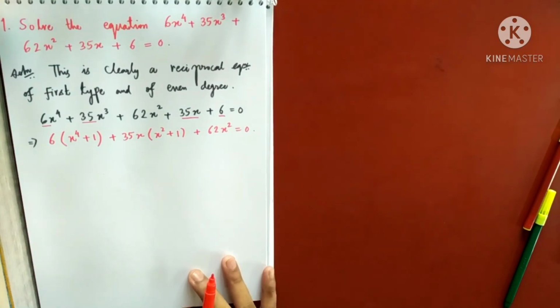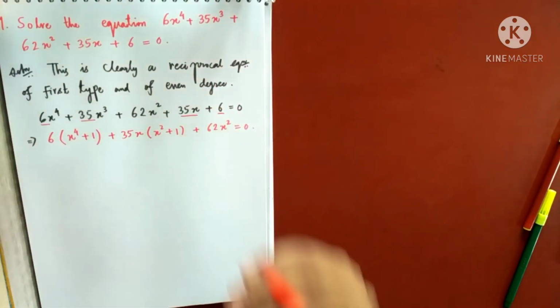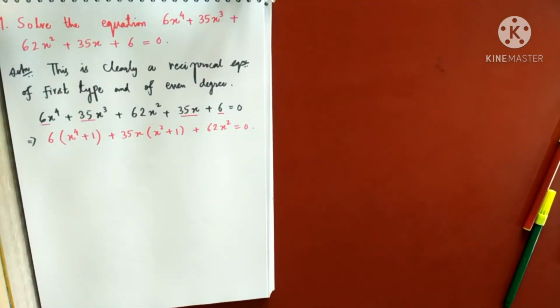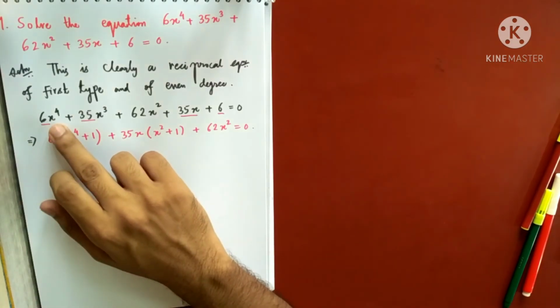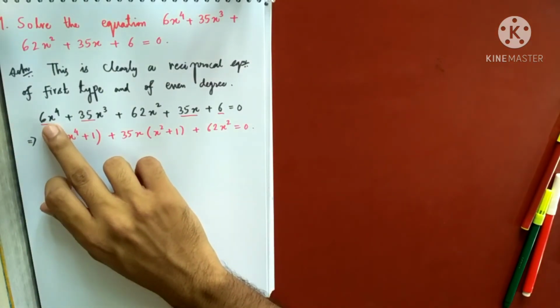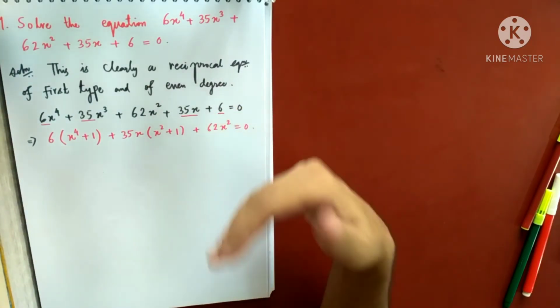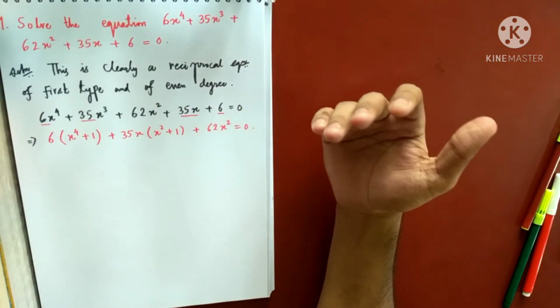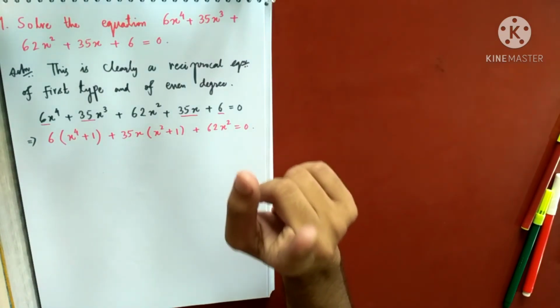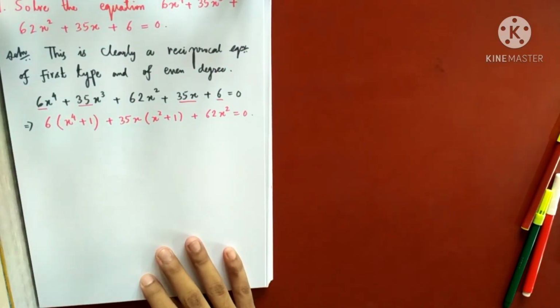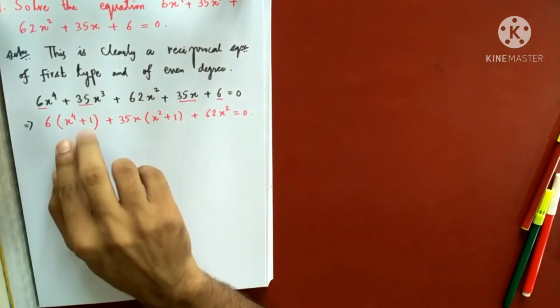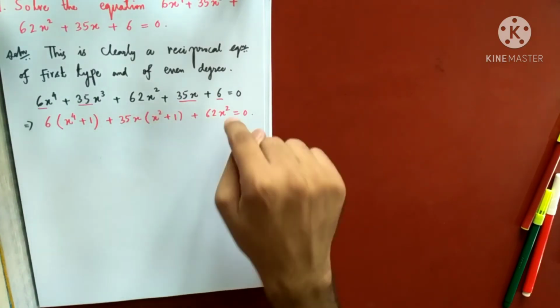So you always remember the steps how to solve a reciprocal equation in standard form. Because it is of even degree and a first type, this is in the standard form, I am making you understand how to solve a reciprocal equation in standard form. So what you will do, you will take these two coefficients together, take this one together and take this one.